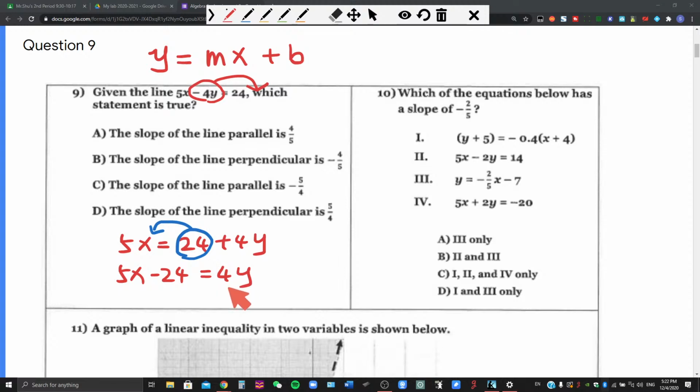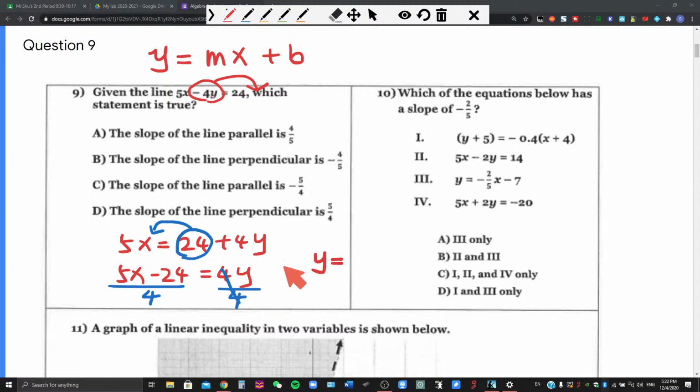And how do we do that? We divide. So y multiplied by 4, then we divide by 4. And we divide everything on the other side.